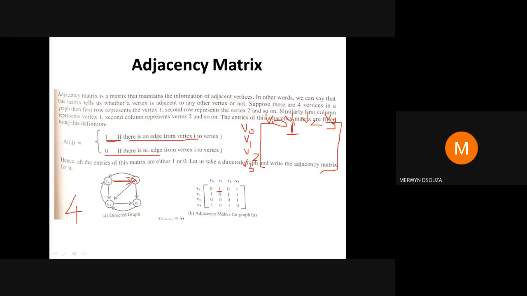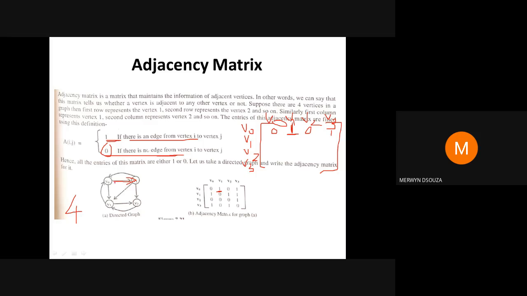And if there's no edge, you put a 0. It's as simple as that. The next edge you can find is between V0 and V3, so you put a 1 here. There are no edges between V0 and V0, and V0 and V2, so put a 0 there.